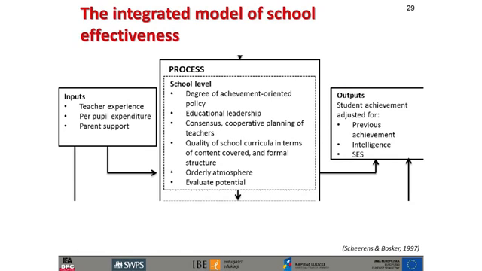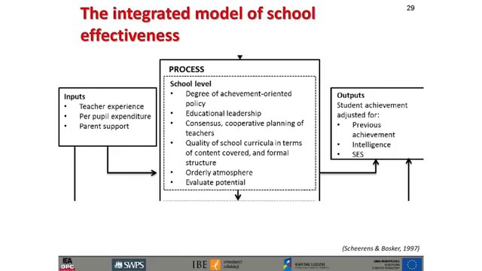And when we take a closer look at the process, so this is the middle part of the model, with the school level first, then you can see that this input process output paradigm is included in the model. And you can see that also diverse student outputs were considered in this model already.